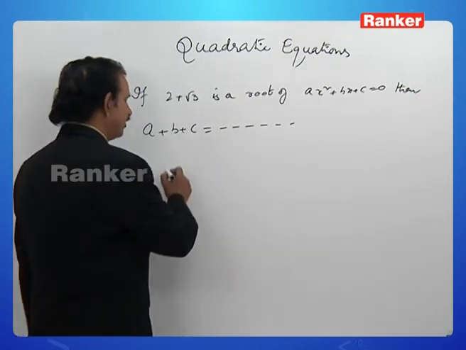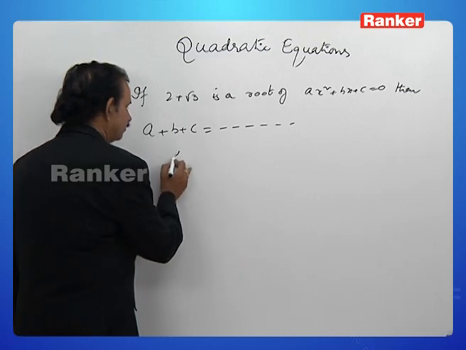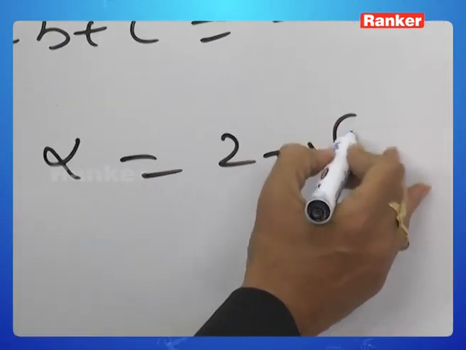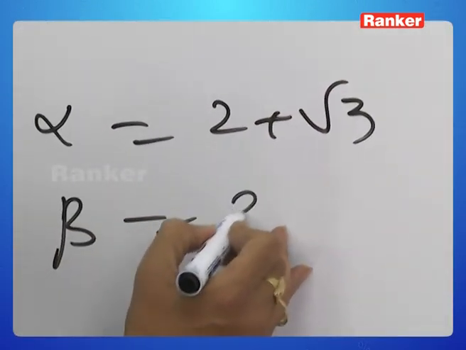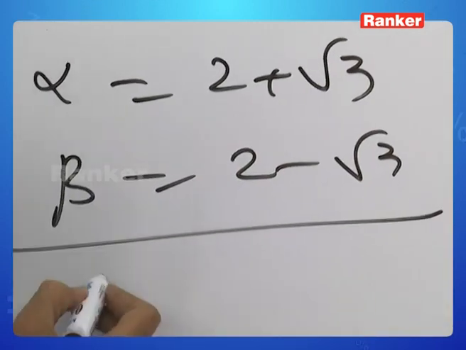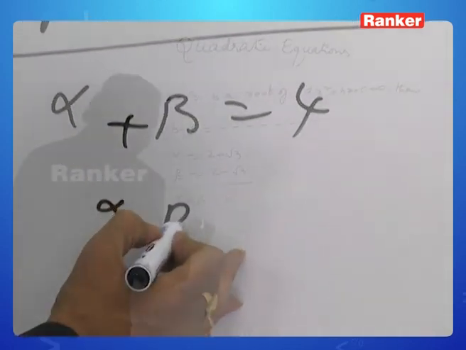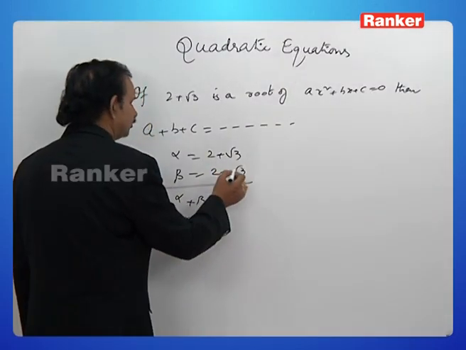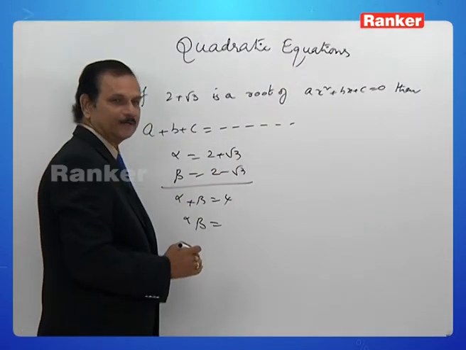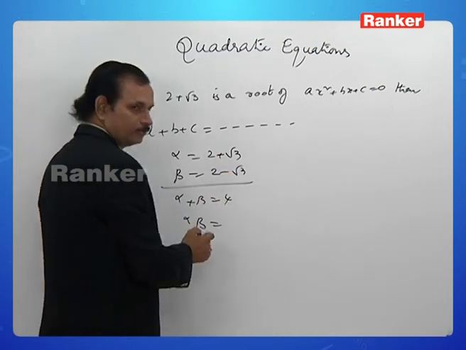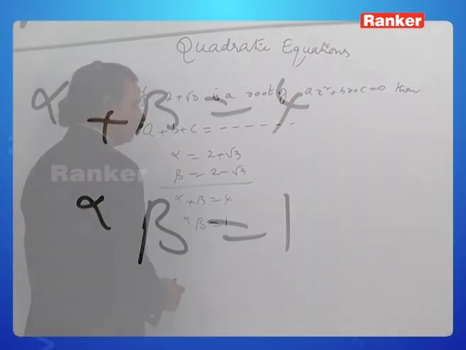What is the thing to be observed here is 2 plus root 3 is a root, let it be alpha. Automatically the other root is 2 minus root 3. Add them. Alpha plus beta is 4 and alpha beta is 2 plus root 3 into 2 minus root 3, which is 4 minus 3, that is 1.